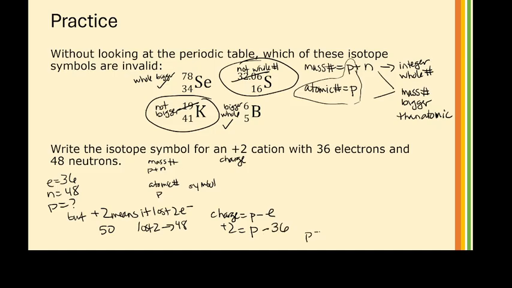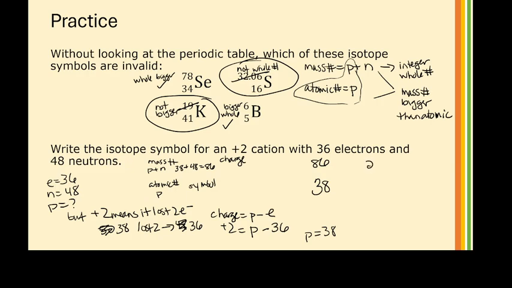So P has to be, I did it wrong, I did 38. How did I get +2? I think I was looking at the 48, sorry, this should be 36. So 36 means it originally should have been 38. So maybe I did better doing it this way. All right, so if the protons are 38, then that's my atomic number. And then my mass number is going to be 38 plus 48, so that's 86.